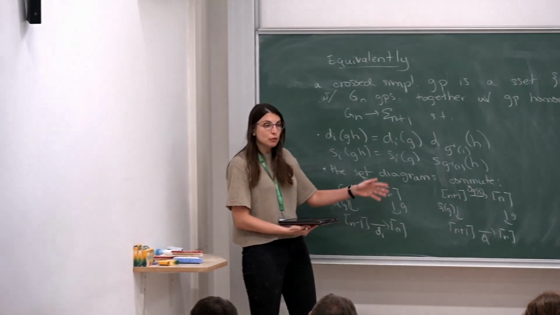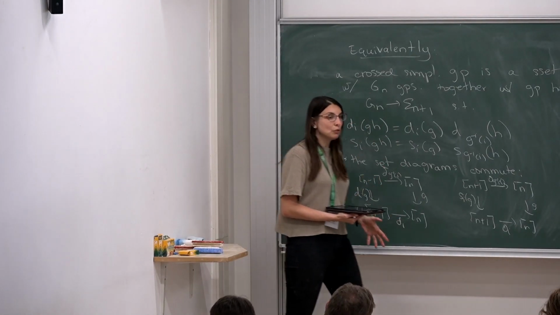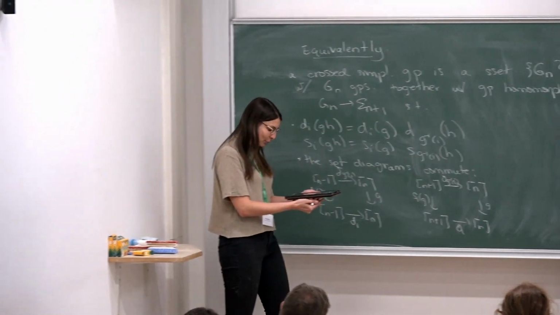Okay, so now these are actual set diagrams, and we're asking for these to commute. So this data I'm saying is equivalent to that data, and you can translate back and forth.